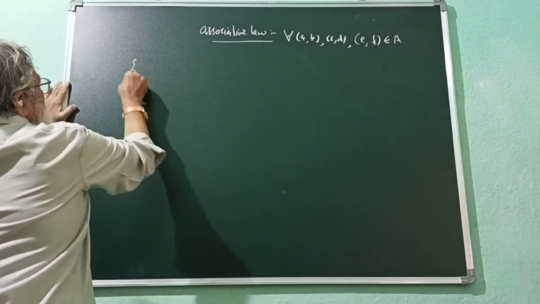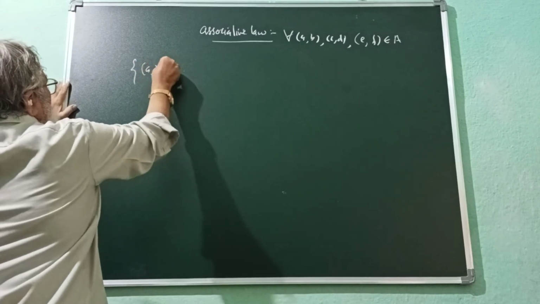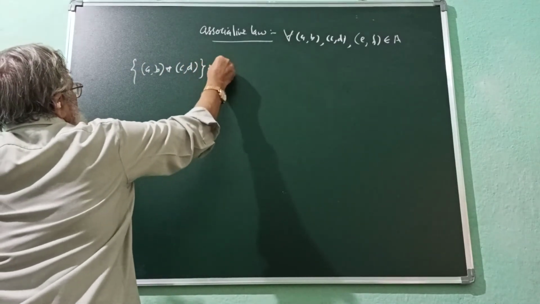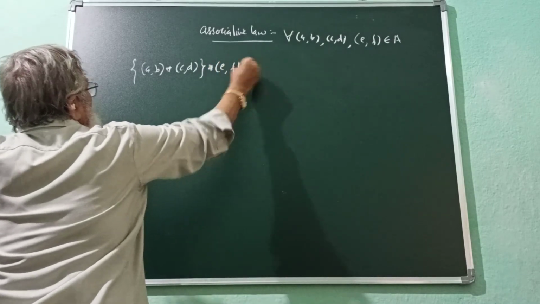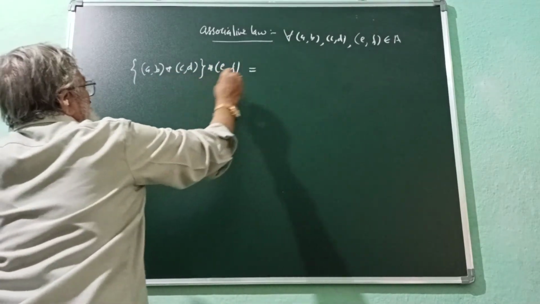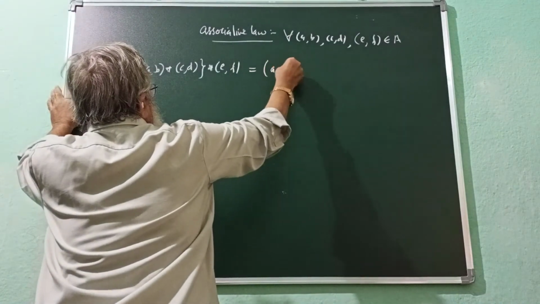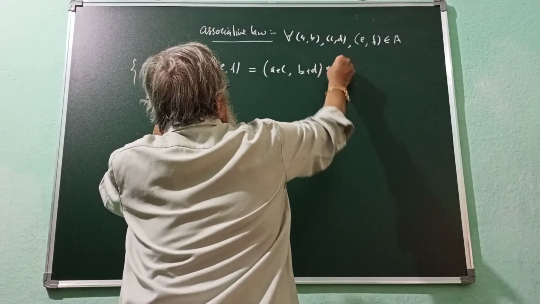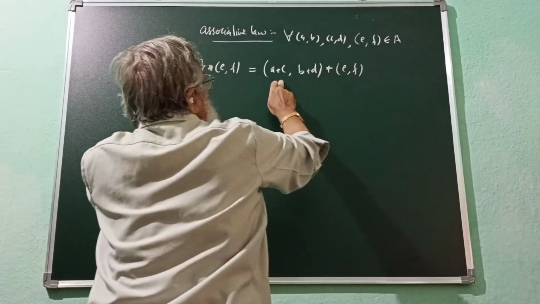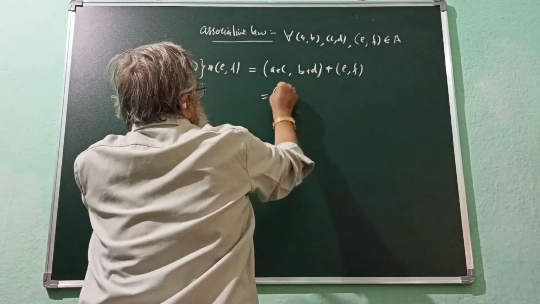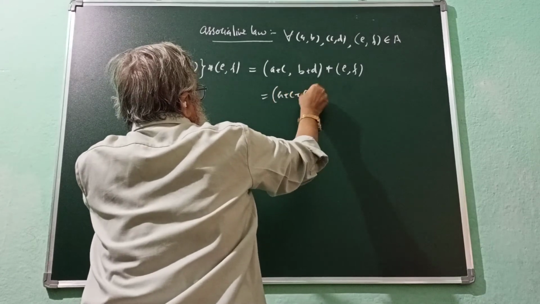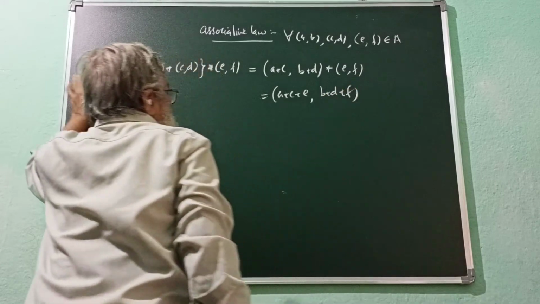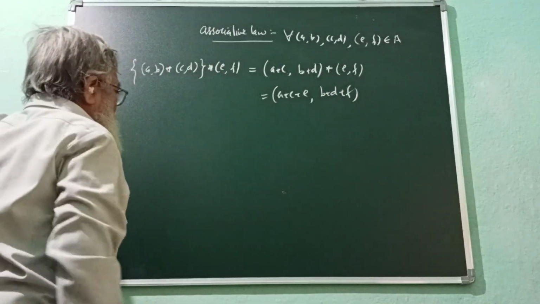Here we take the bracket AB star CD, star EF. Operating on this first, by the definition, A plus C, B plus D, star EF. Again by the definition, it is A plus C plus E, B plus D plus F, that is the left hand side of the associative law.